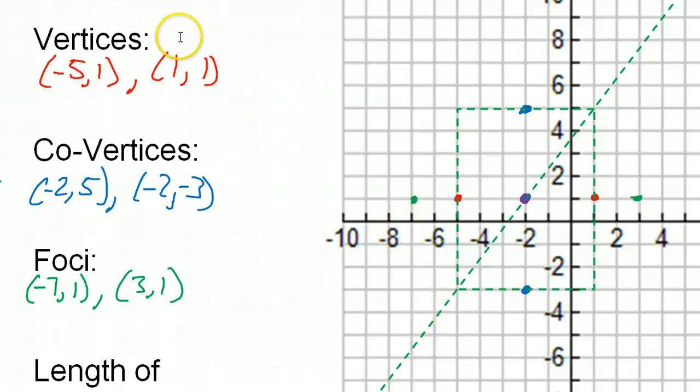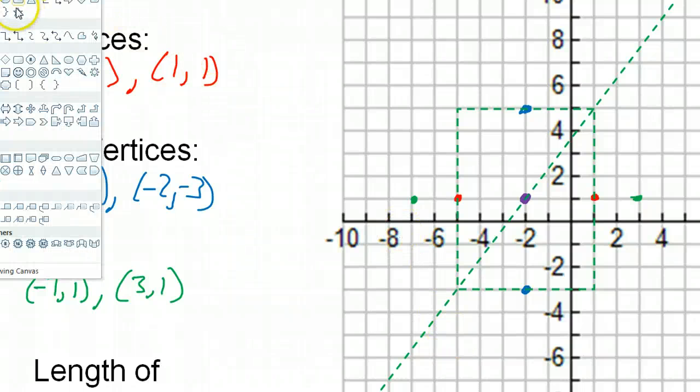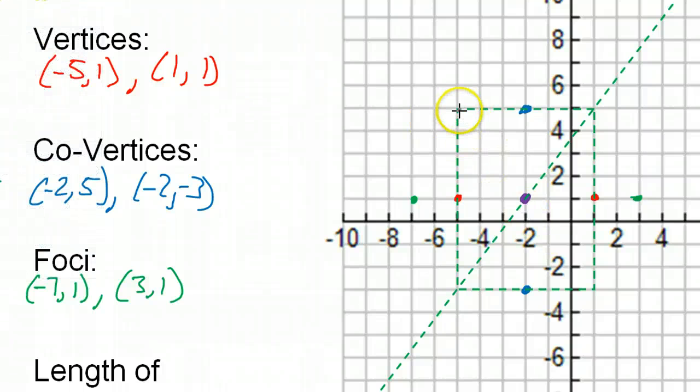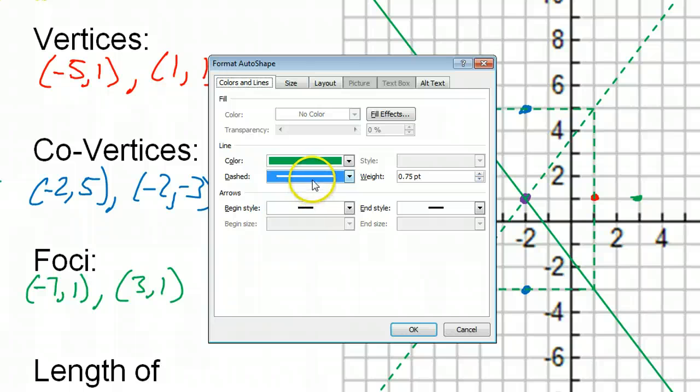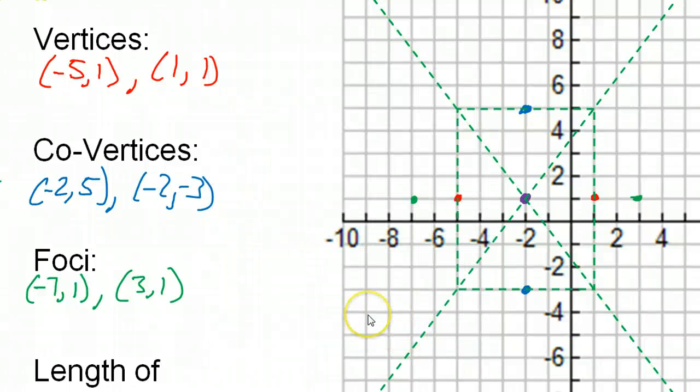Do the same thing again, the other way. Okay, so there we have our asymptotes.